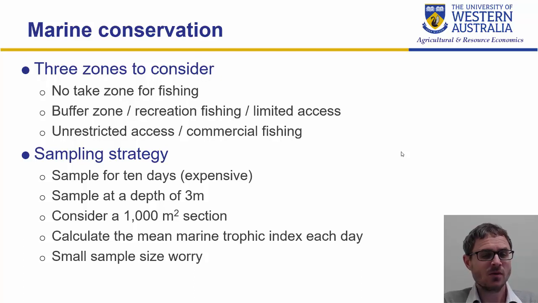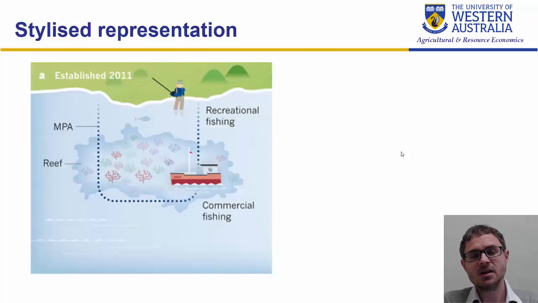So this is a very stylized representation of what we might have. We have the marine park area situated on a reef, somewhere where we might expect biomass to go. We've got some areas where we're allowing commercial fishing, and some areas where we're allowing recreational fishing. So we've got 3 different areas related to this system.